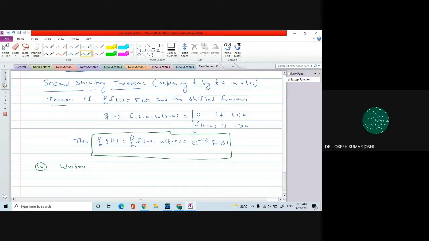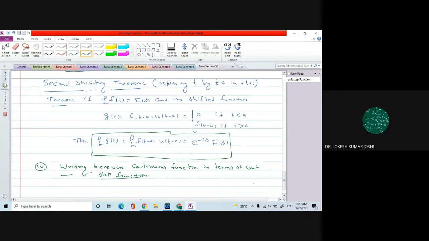Writing piecewise continuous function in terms of unit step function.